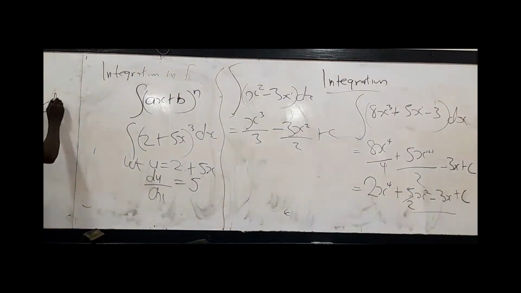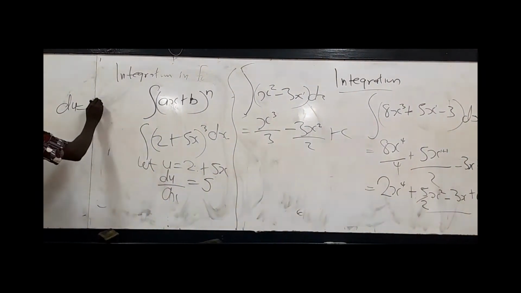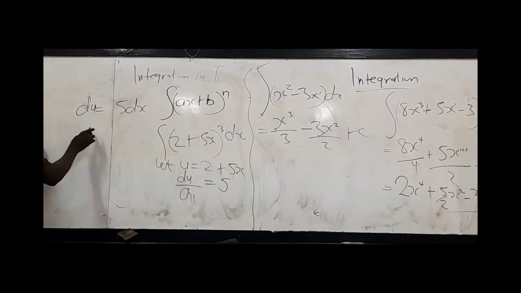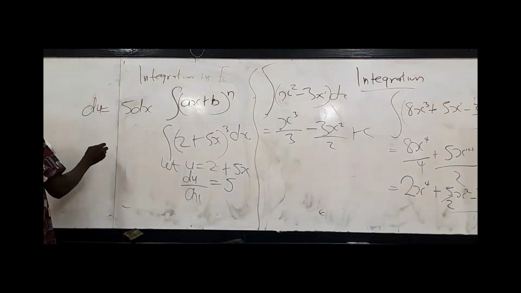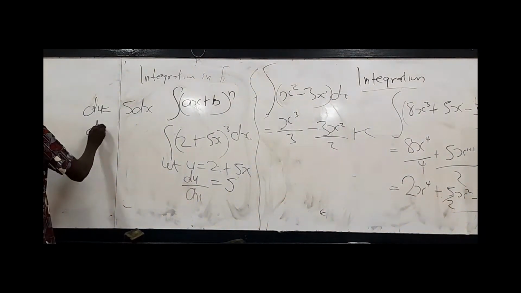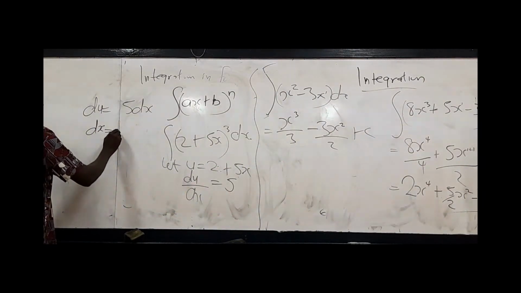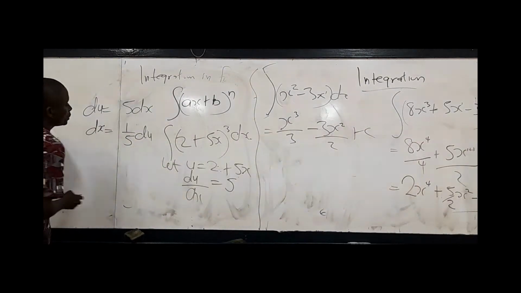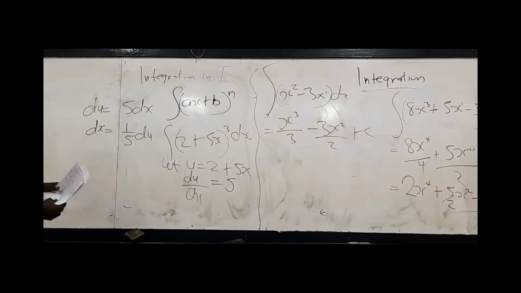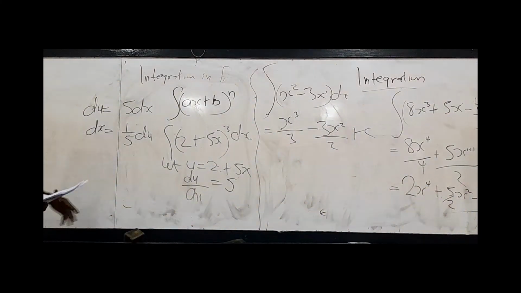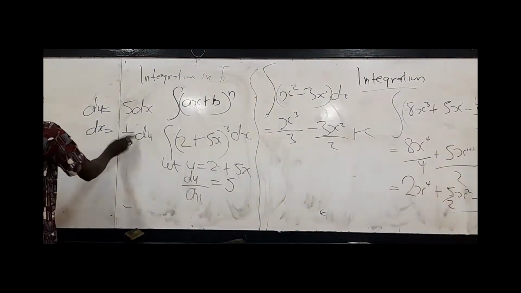I can say du is equal to 5 dx. So by transposition of formula, we are going to have dx is equal to 1 over 5 du. I'm repeating, dx is equal to 1 over 5 du, or du over 5.